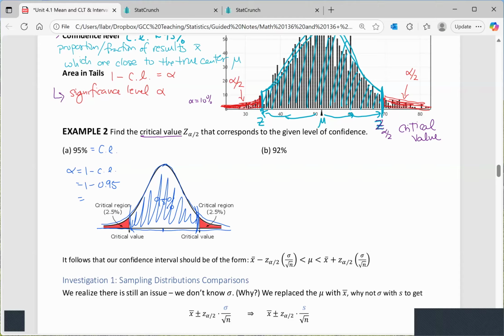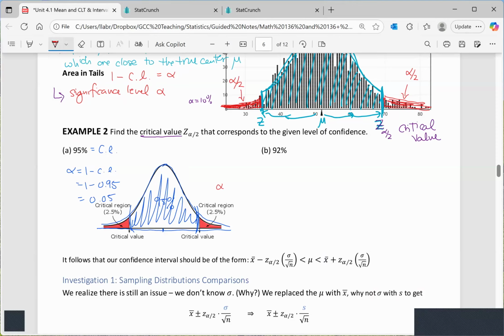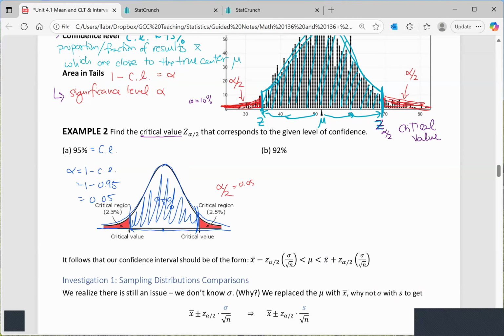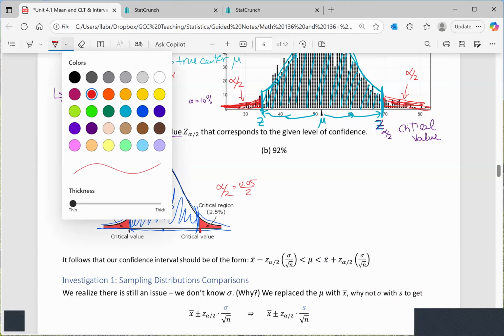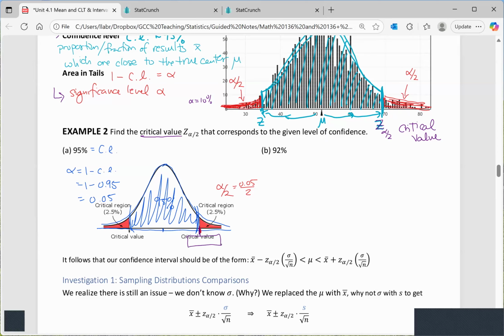So therefore, alpha is 0.05. So the area in the tails, here we see them highlighted in red, is 0.05. Therefore, the area in a single tail, just one of them, is alpha divided by 2. So therefore, my critical value, the cutoff point on my number line, this unknown value, is called Z sub 0.025. Because that's what you get when you divide 0.05 by 2.